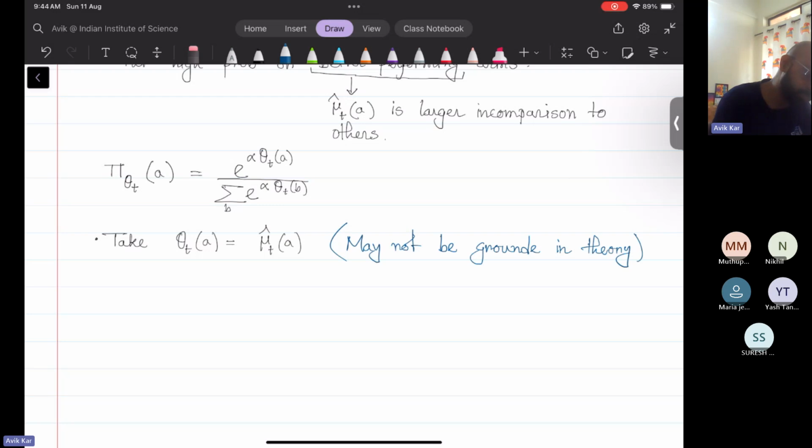So we'll assume that this theta t a is some function. We'll update that function. I mean, we'll do some analysis and try to see what theta t will make more sense, right?